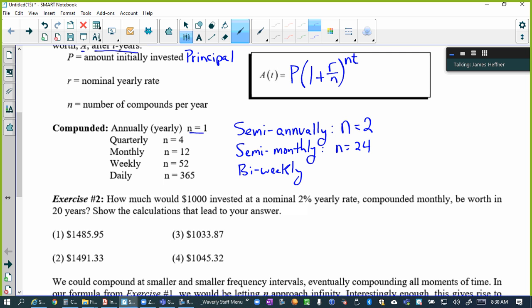And some of you might be thinking, well, geez, there are 4 weeks in a month, so wouldn't that be the same? No. Are there actually 4 weeks in every month? No, because February is 28 days, so 4 weeks, but the rest of them are 30 or 31, right? So it's not quite the same. So you've got to think how many weeks are in a year? There's 52, right?